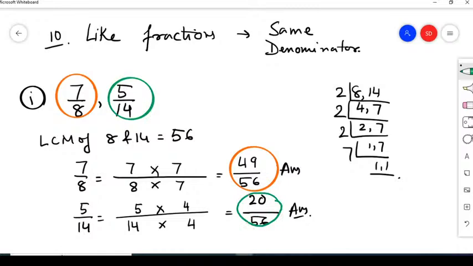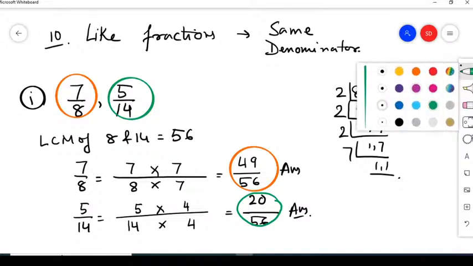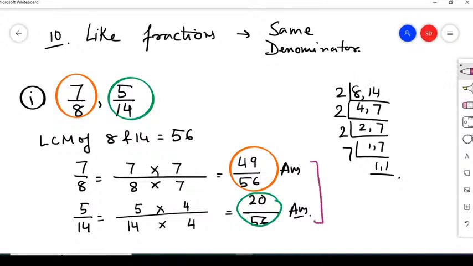I've used two different colors to show the equivalent fractions, and these two fractions are like fractions. Why like fractions? Because they have the same denominator.